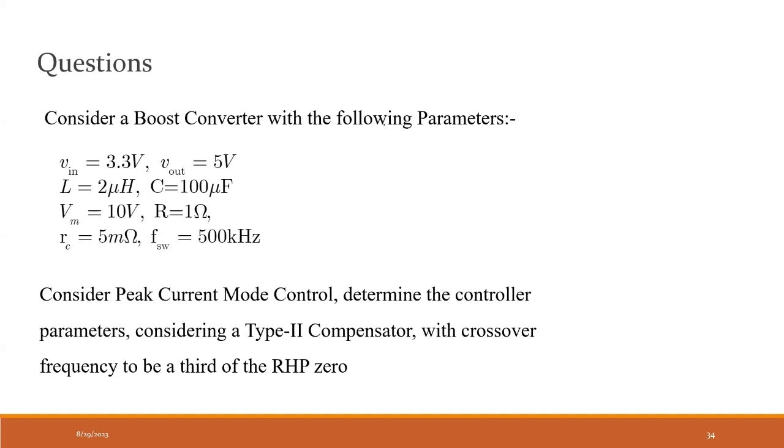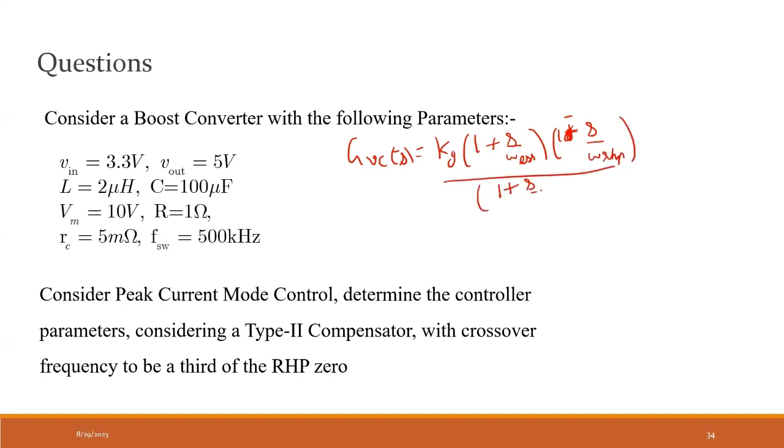If you remember, this is my GVC of S, which is Kg into (1 plus S upon omega ESR) into (1 minus S upon omega RHP), divided by (1 plus S upon omega pole).